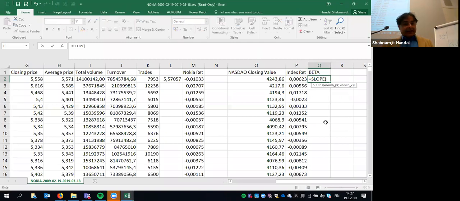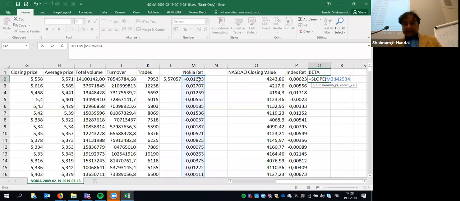And where is Nokia return, by the way? It starts from M2. Can you see here? M2. And it goes to M2534. So what I do, M2 colon M2534.